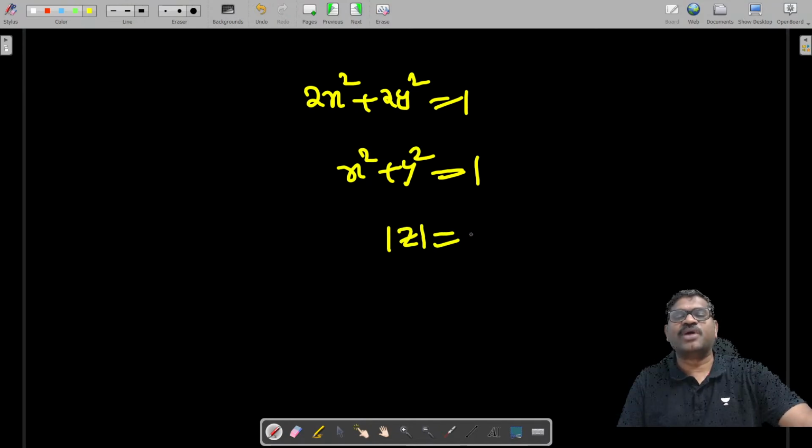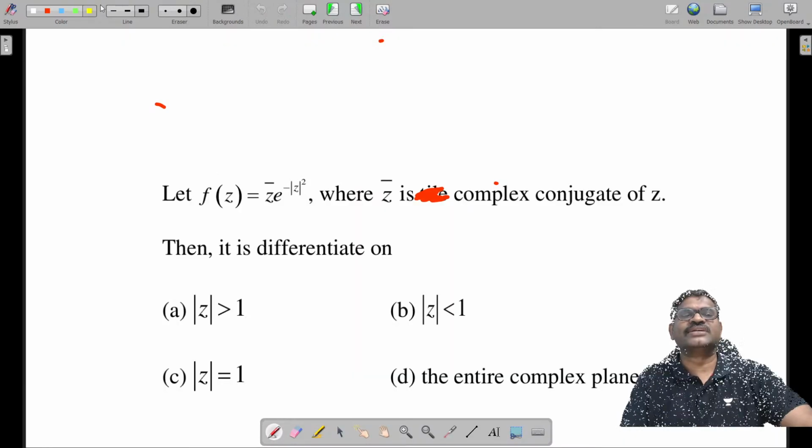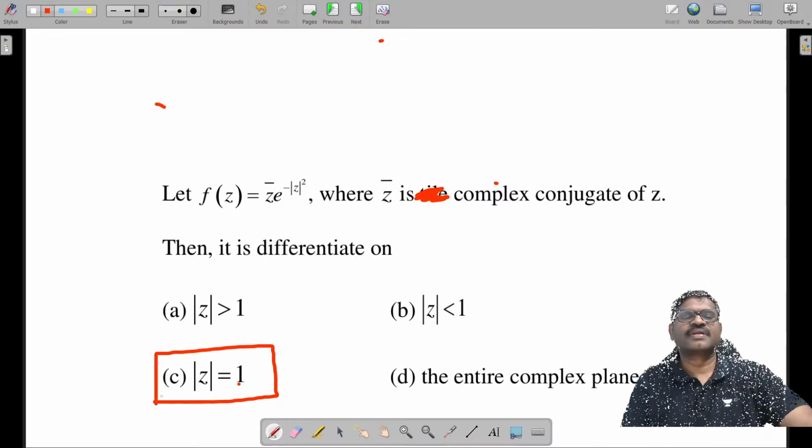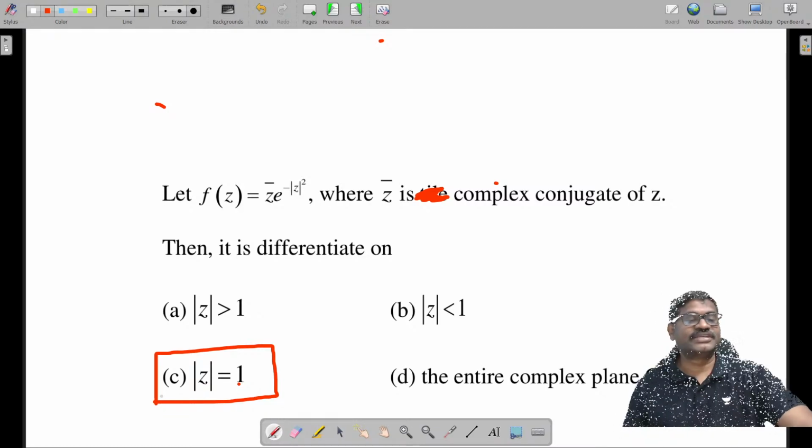Actually mod z whole square equal to 1. Unit circle. Therefore the correct answer is mod z equal to 1. Got it?